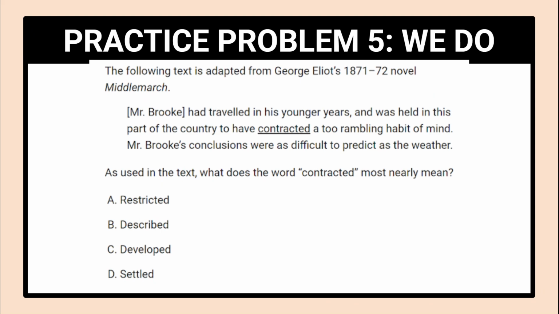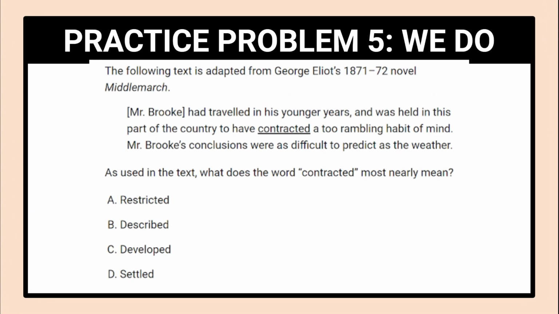The correct answer is C. Now, contracting and developing, they're a bit different under normal circumstances. But the reason that this works is because he's taking a habit. When he traveled in his younger years, he contracted a too rambling habit of mind, meaning that he took it.